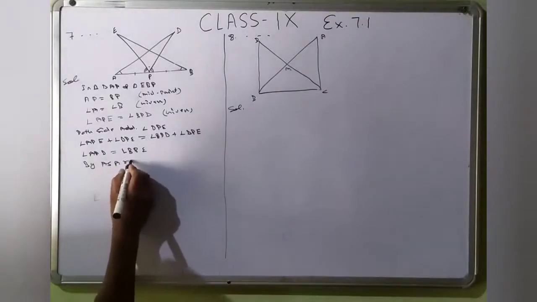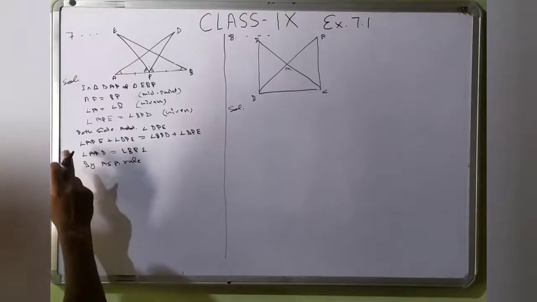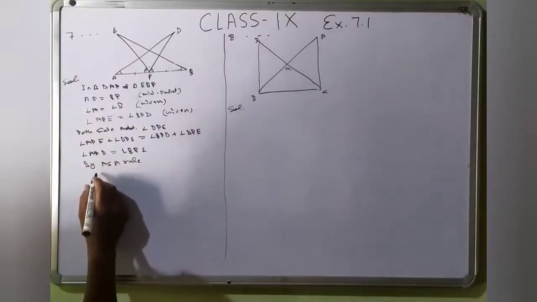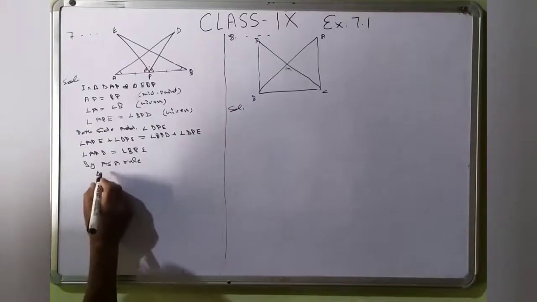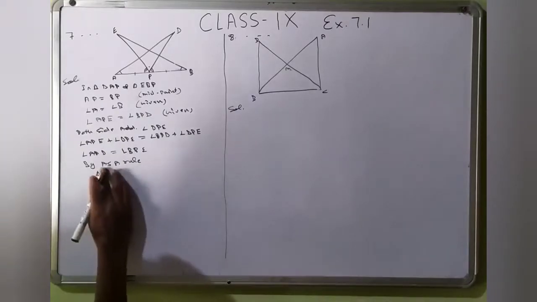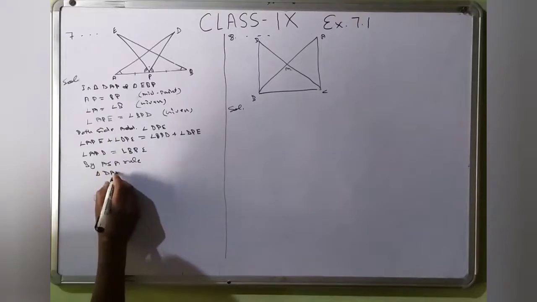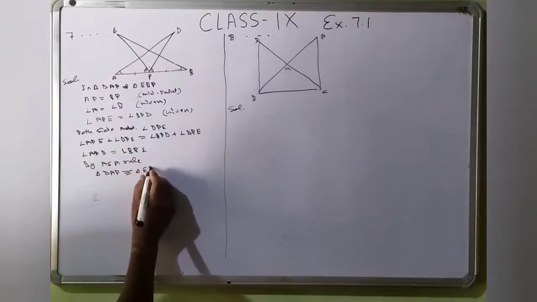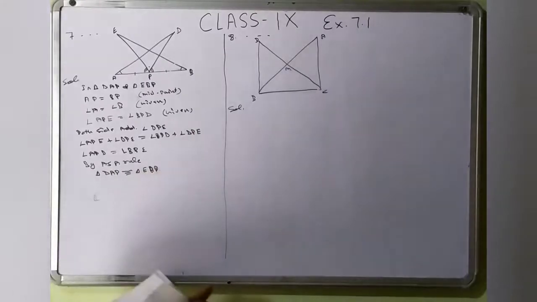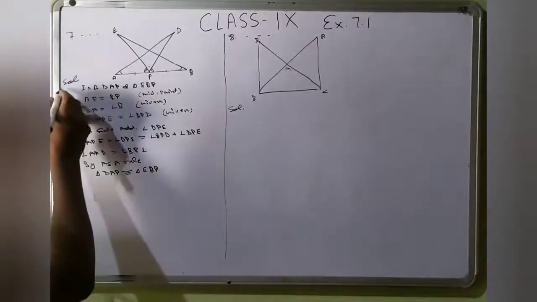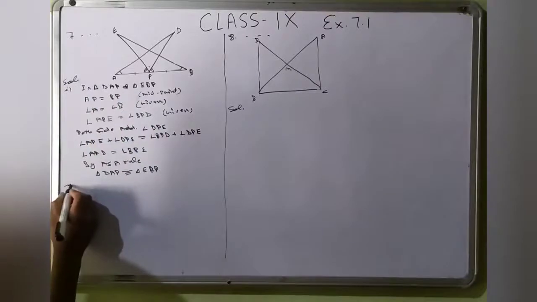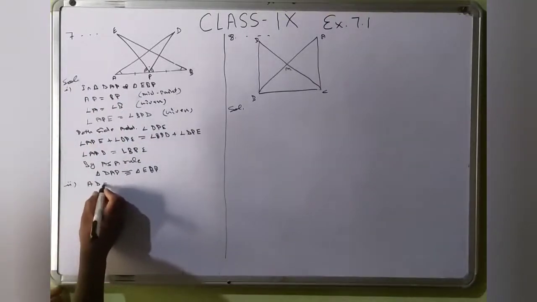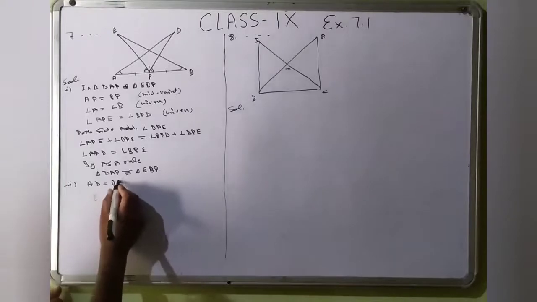Now we have sufficient things for congruence by ASA rule, because here it is given two angles and one side. Triangle DAP congruent triangle EBP. One thing is proved. Second part is AD is equal to BE.